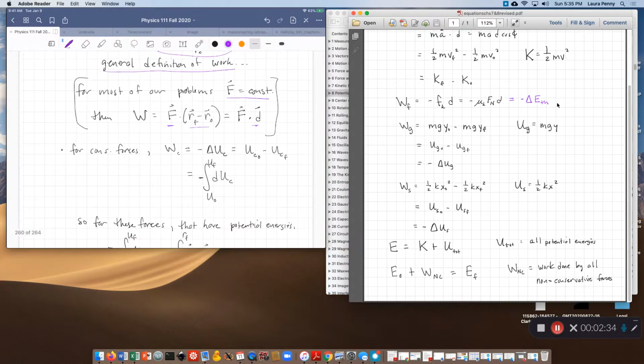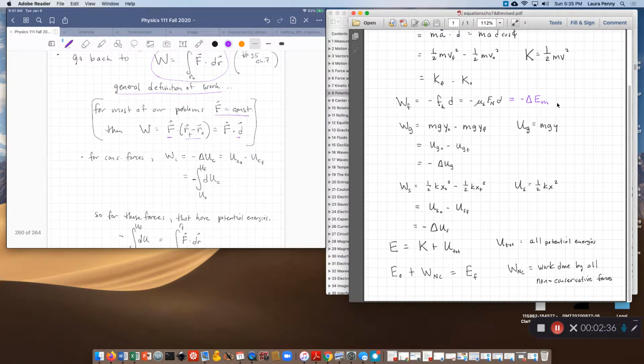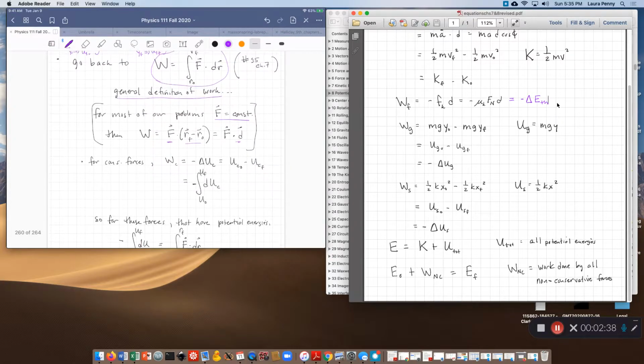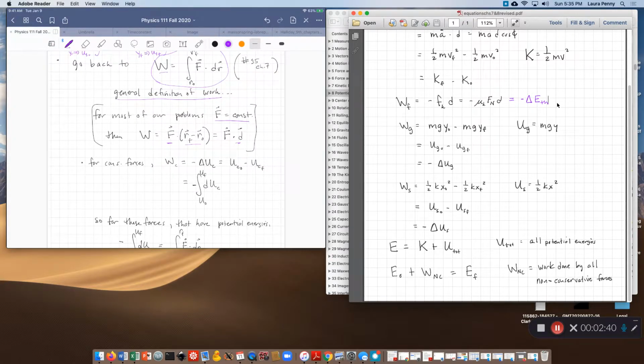For conservative forces, looking back at this work equation here, if you have a conservative force, the work done by the conservative force is the negative change in the potential energy of that force, right? This is what we said about conservative forces. Well, that's the initial potential energy minus the final potential energy.